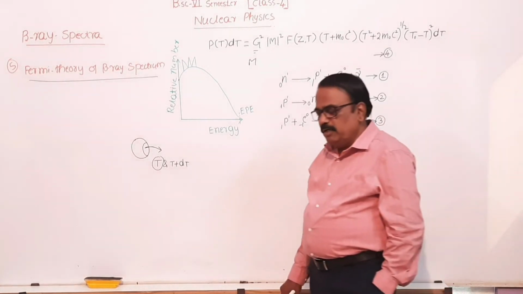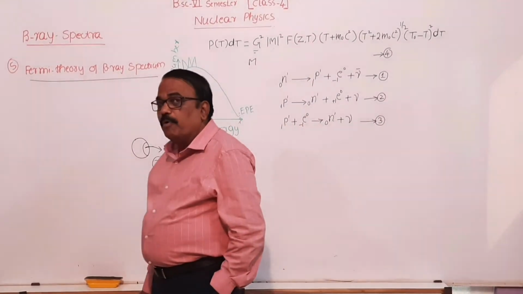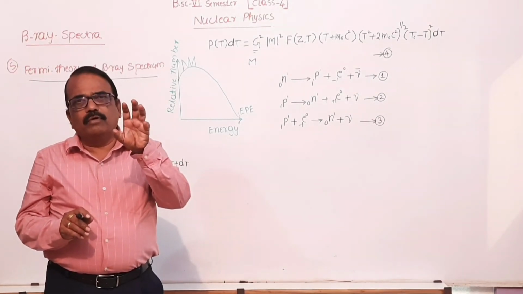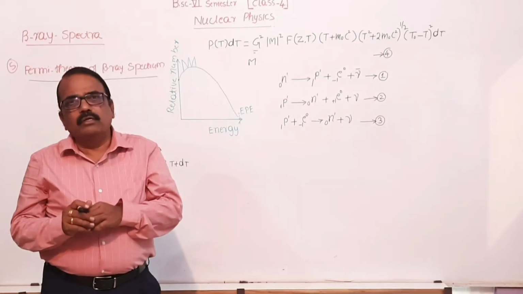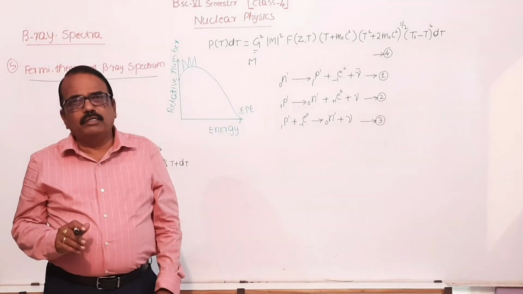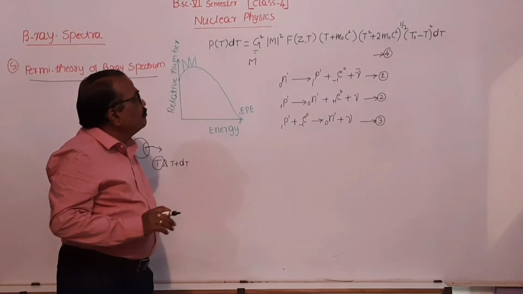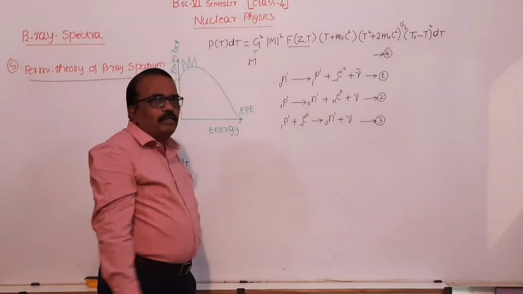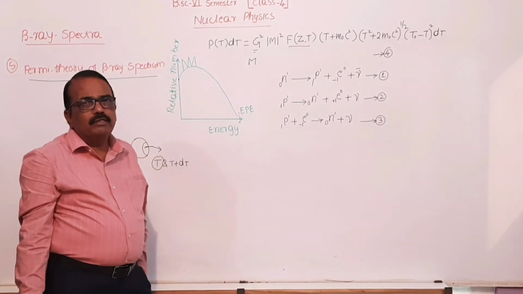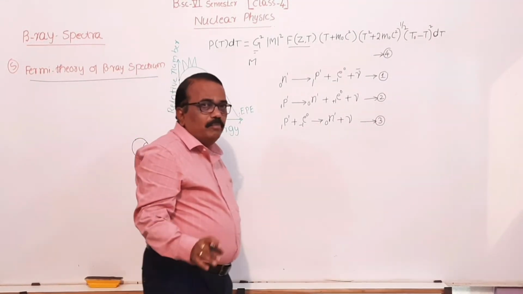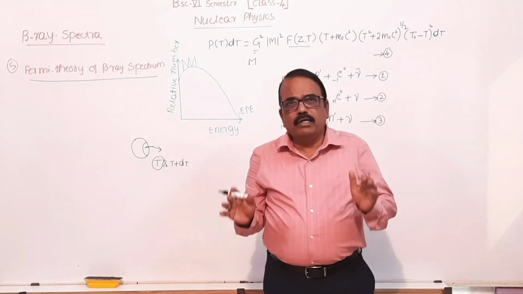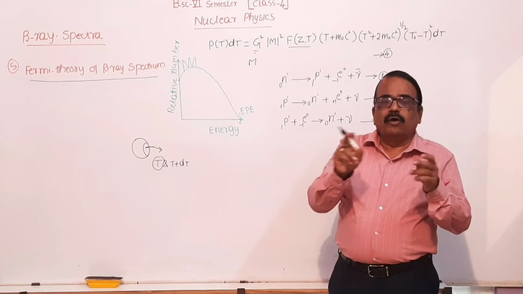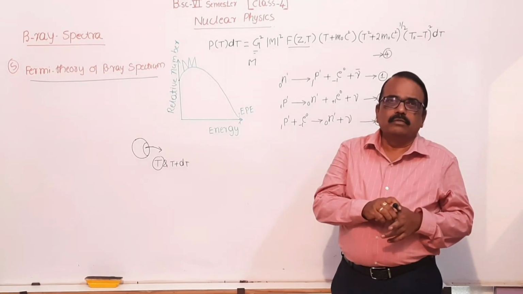The matrix element gives the probability that the nucleus of the radioactive element undergoes beta transformation. Then F(Z, T) is a complicated function which measures the effect of the Coulomb field produced by the nucleus on the emitted beta particle.